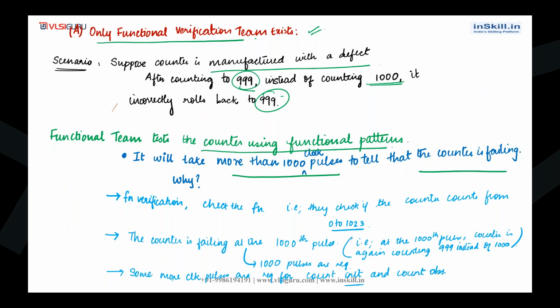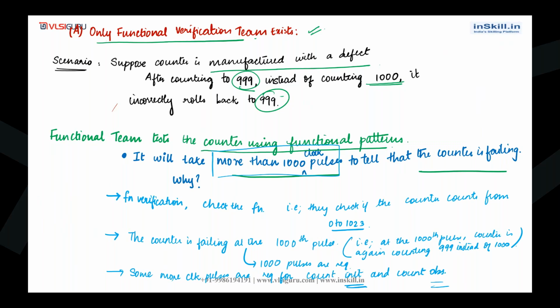Counter initialization means bringing the counter to the initial state, and counter observation means the output of the counter has to be taken to some register, and the register has to be read. So ultimately, the functional verification team will take more than 1000 clock pulses to tell that the counter is failing.